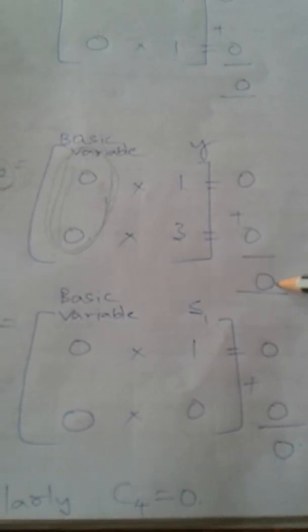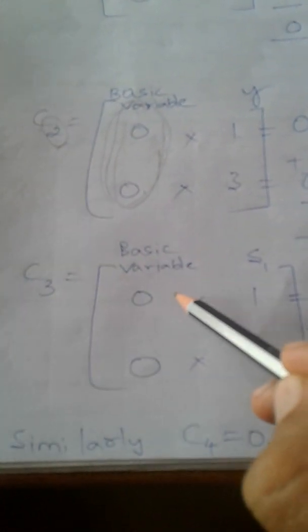The same type of calculation, and again we get 0. Similarly for C3, the basic variable column remains the same. Now we are supposed to consider the third column, that is 1 and 0. So that is the reason we get C3 as 0, and similarly we will get C4 also equal to 0.